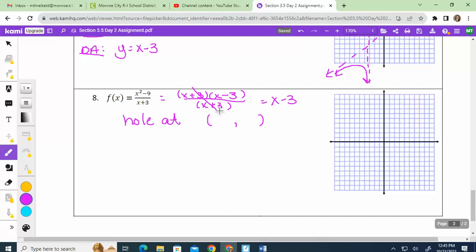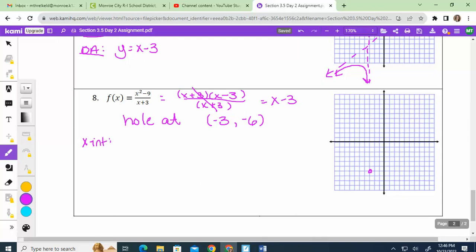What makes x plus 3 0? To get the y value, you plug the negative 3 into what's left. So negative 3 minus 3. So negative 3, negative 6 is an open circle on my graph.